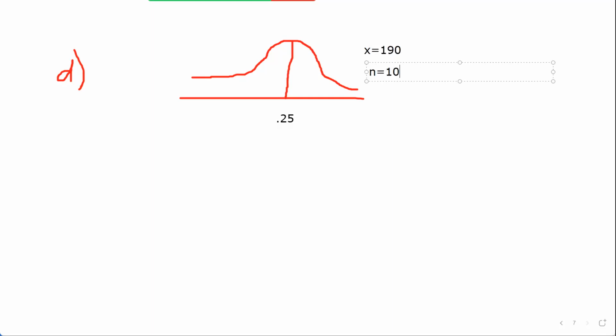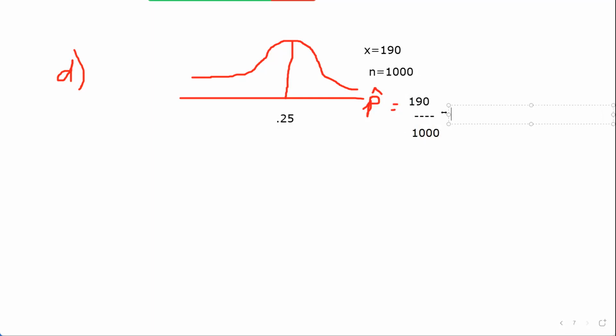If I divide, I get p hat equal to 190 over 1,000, which is 0.19.